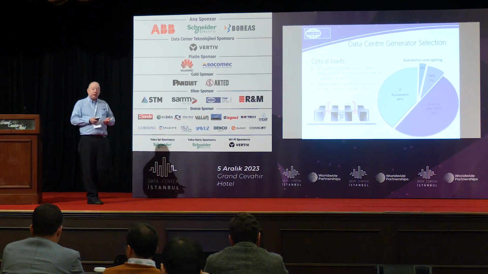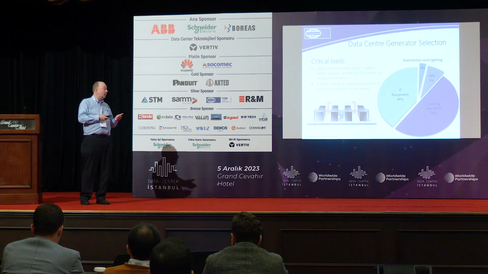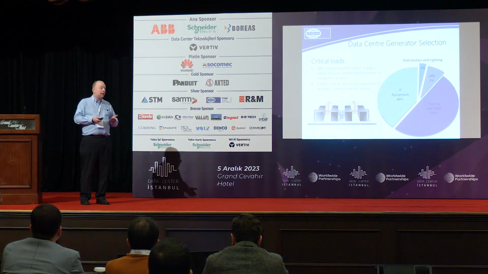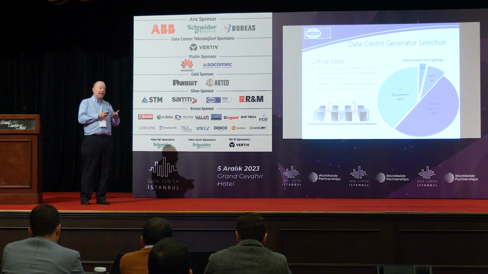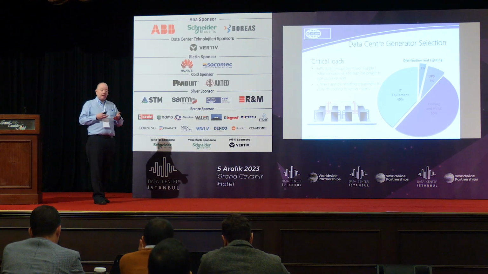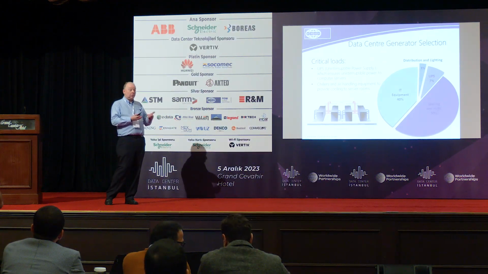We also need to look at areas when there's abnormal situations. For example, if a UPS goes into bypass, the genset has to deal with the abnormal conditions that may arise then. So in that case, the genset is directly connected to the IT load, the critical load.